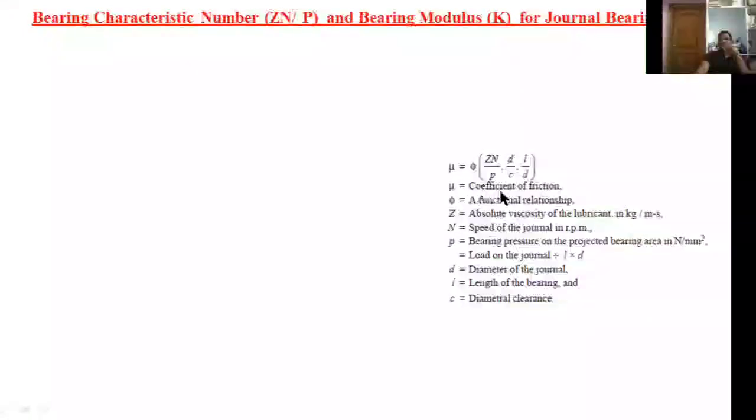This value is the coefficient of friction between the bearing surface and the shaft surface. Now, phi is the functional relationship symbol. Phi indicates a functional value, and capital Z is the absolute viscosity.